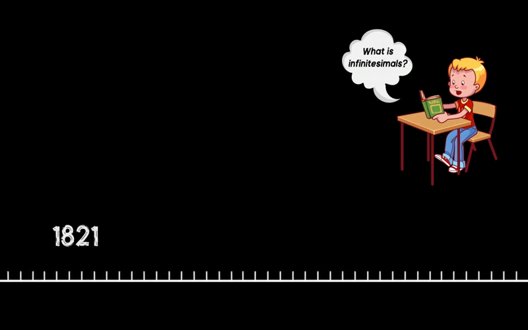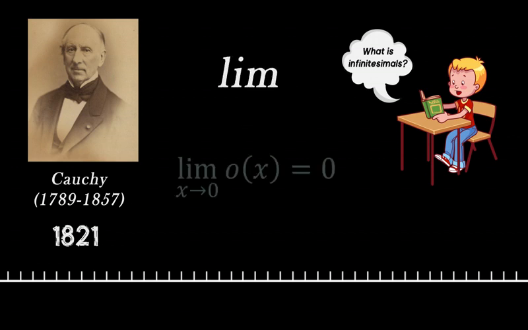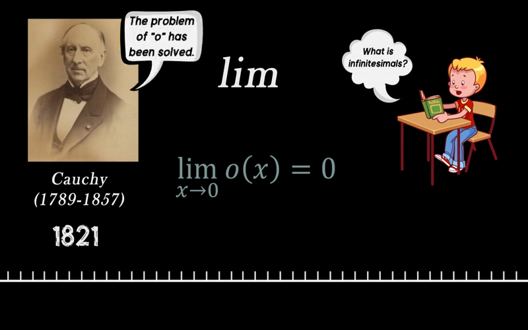In 1821 to 1823, Cauchy fabricated the mathematical concept of limit and interpreted the so-called infinitesimal as a variable whose limit was 0. He and his successors grafted Leibniz's symbols into Newton's system, making the principles of calculus almost what they are today.